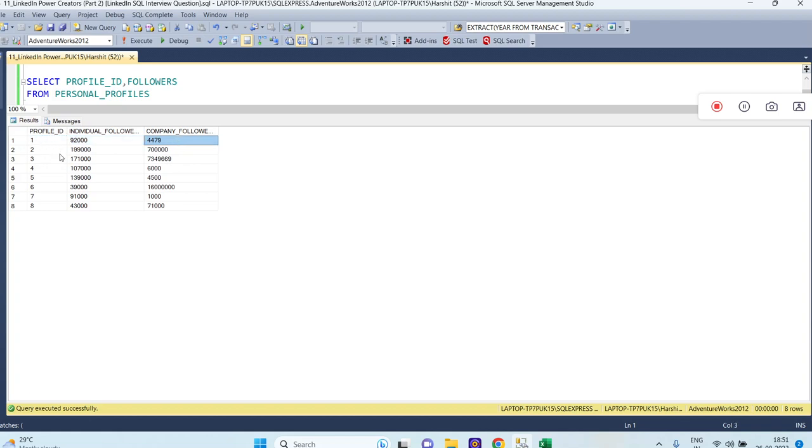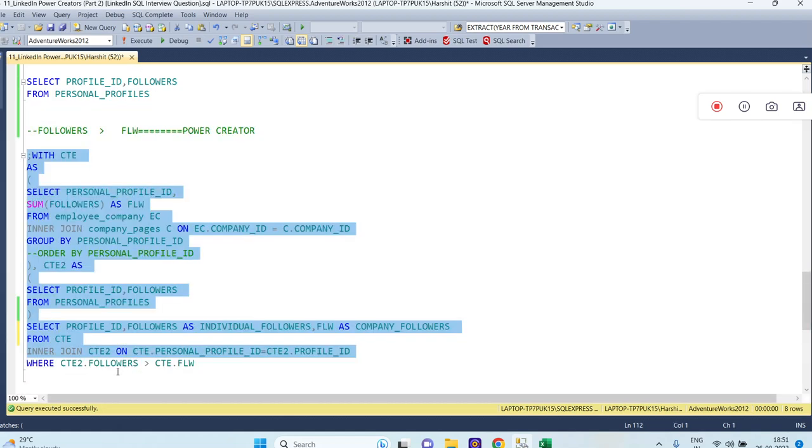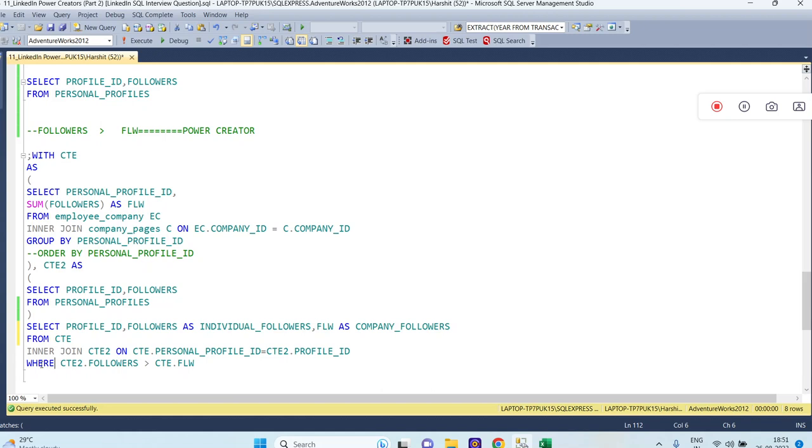So one. Now over here if you see, it is not satisfying the condition. Third again not satisfying the condition. 4 is satisfying the condition, right? So this one is greater than this one. So now we need to identify where this column value is greater than this one, right? That only we have done over here in the where clause.